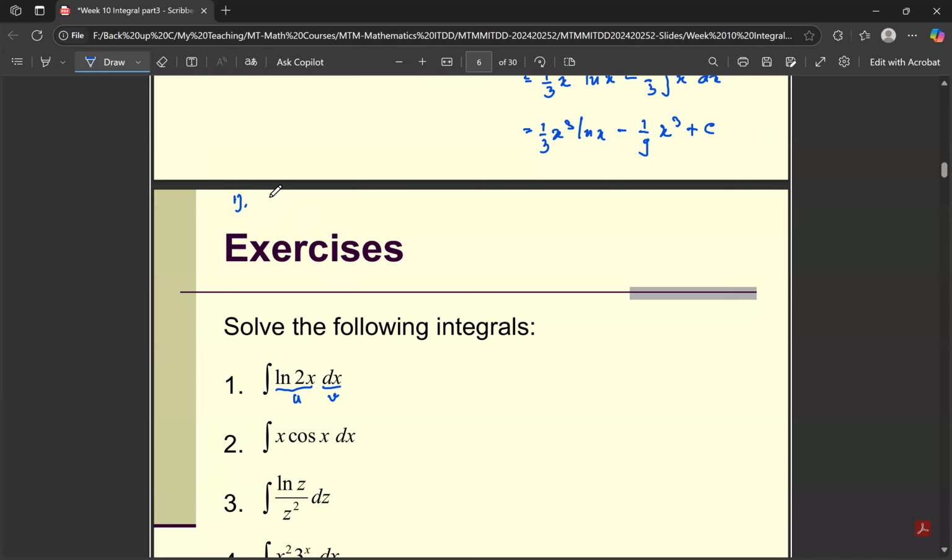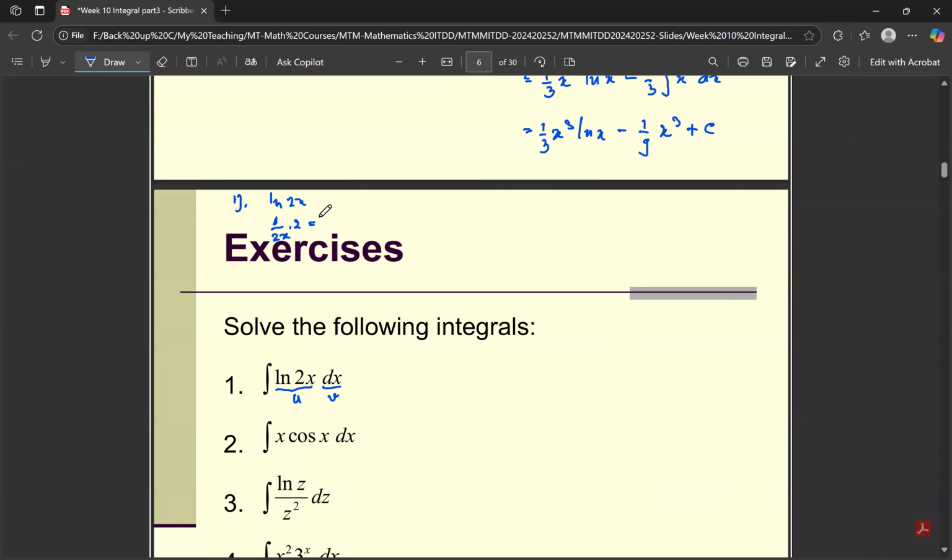So we have ln 2x. The differentiation of this function will be 1 over 2x, but we have the chain rule. The differentiation of 2x must be 2.